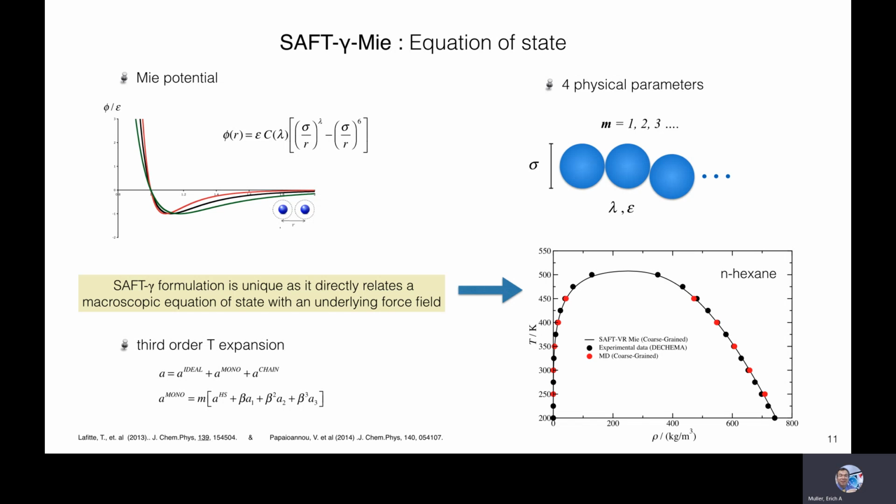Now, the SAFT formulation is unique in the sense that it relates the macroscopic equation of state with an underlying force field. The parameters for the equation of state are given in the top right-hand cartoon, which again are sigma, epsilon, lambda, and the number of beads forming a chain. In the lower right-hand side is actually the crux of the matter.